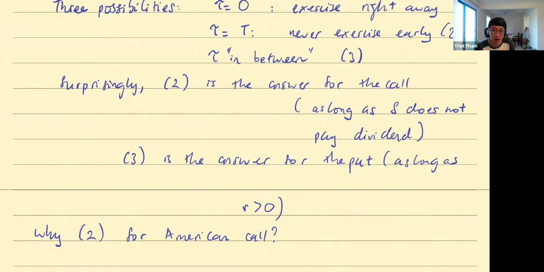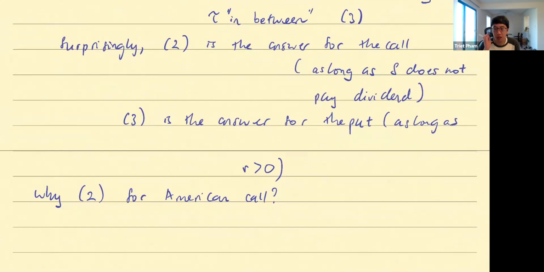You're trying to say something similar to what Sherry said, but how do we know that? So let's first go back to, it's always good to keep the American option with its cousin in mind, which is the European.